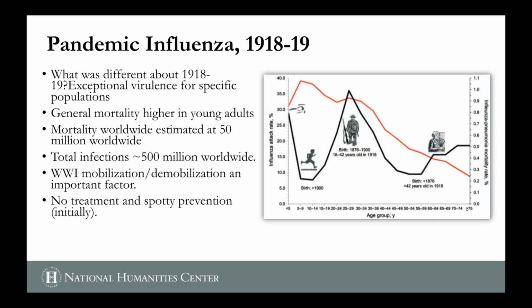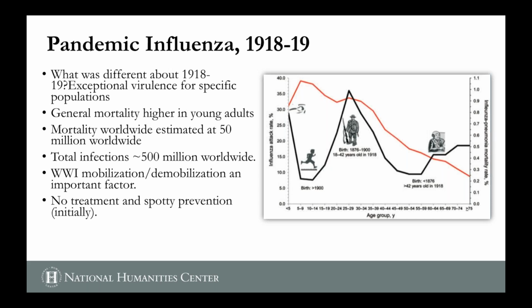So one of the things I want to point to, and why we think about H1N1 in 1918-1919, is this curve, which some of you may have seen already. Most seasonal influenzas have a U-shaped curve, which represents that the people who are worst impacted are generally the very young and the very old.